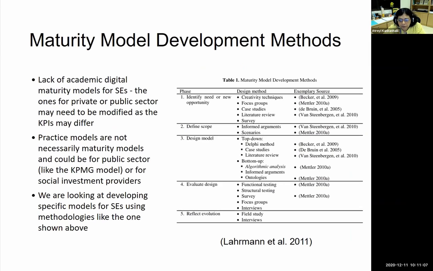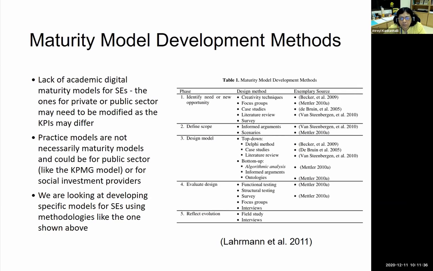So when we went through the literature, we did not actually find digital maturity models for social enterprises. So the models that I showed earlier, they're mainly for the private sector, and there are a few for the public sector, but again, social enterprises' objectives are different.